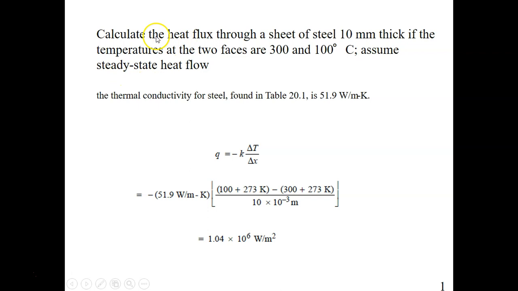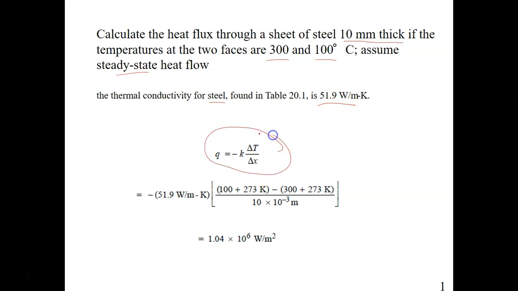All right, let's look at an example that relates to thermal conductivity. Calculate the heat flux through a sheet of steel which is 10 millimeter thick if the temperatures at the two faces are 300 and 100 degrees Celsius. Assume this process is happening at steady state. The thermal conductivity for steel, we can find in given references, is 51.9 watts per meter Kelvin.